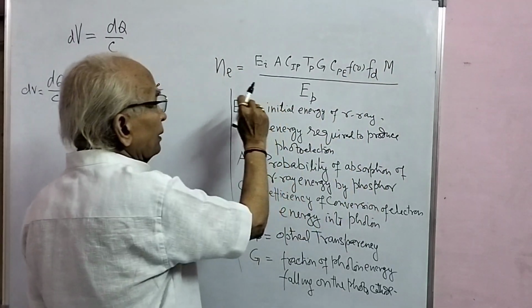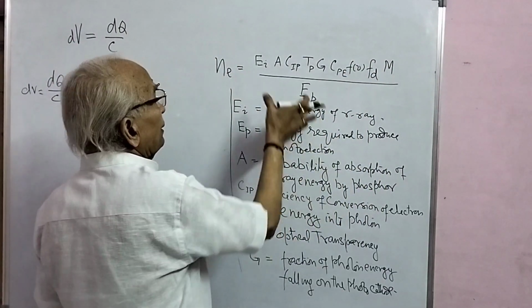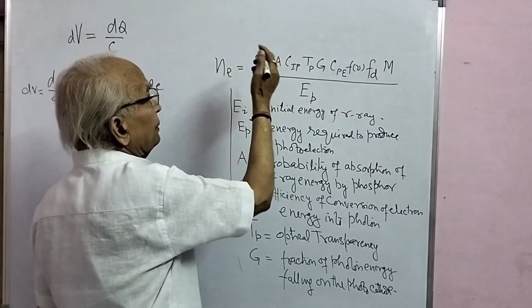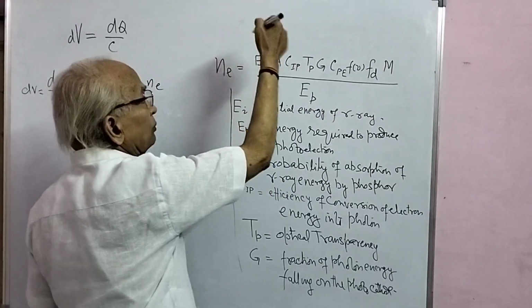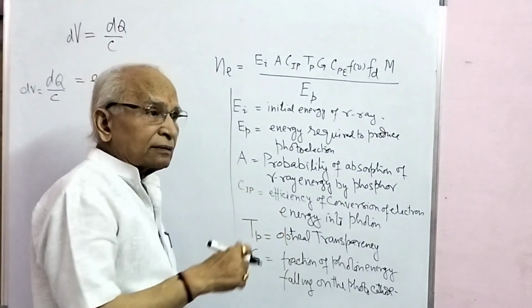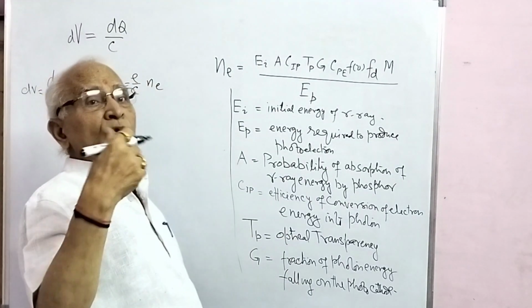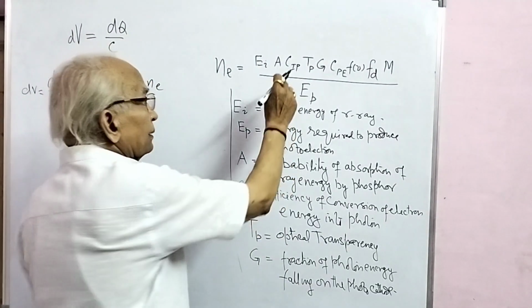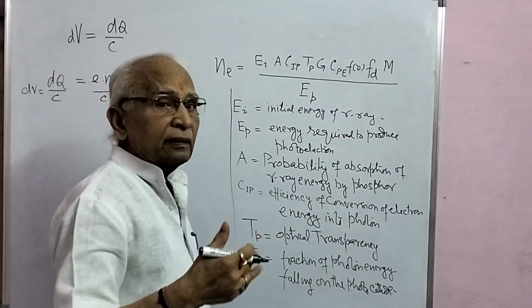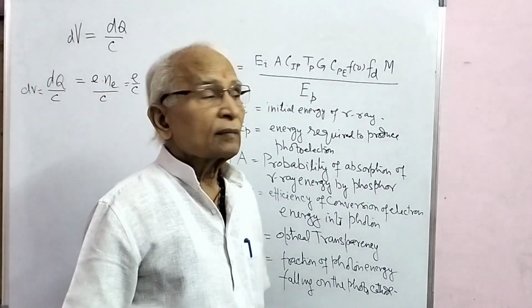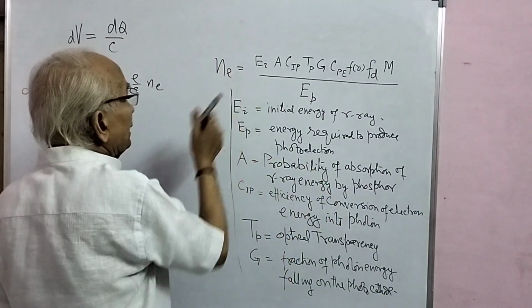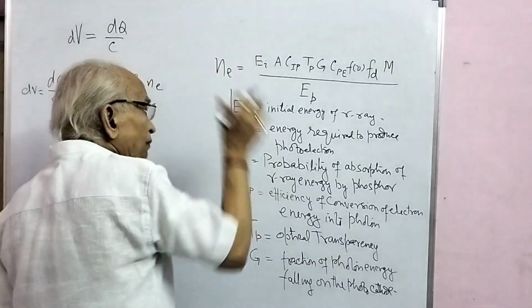For one particular gamma ray that just came, this number Ne may be suppose some number 10 to the power 9. For next it may be 0.8 times 10 to the power 9. Because all these factors have statistical variation. So this number Ne is not always constant.